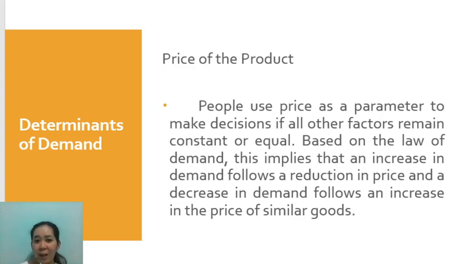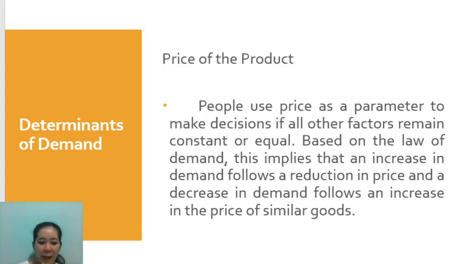So what are the determinants of demand then? Here are the factors that we consider. Number one is the price of the product. Here, we consumers normally use the price as a parameter or basis to make decisions if all the other factors remain constant or equal.